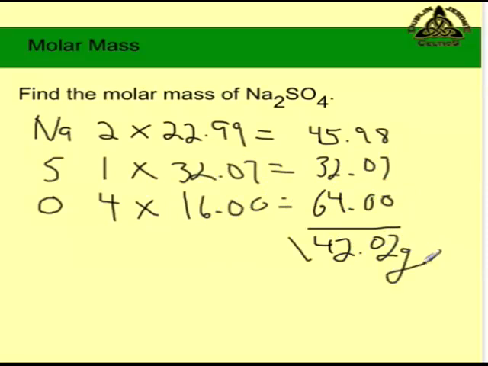And that means that if we have 142.02 grams of Na2SO4, we have 1 mole of Na2SO4. And that means that we would have 6.023 times 10 to the 23rd molecules of Na2SO4.